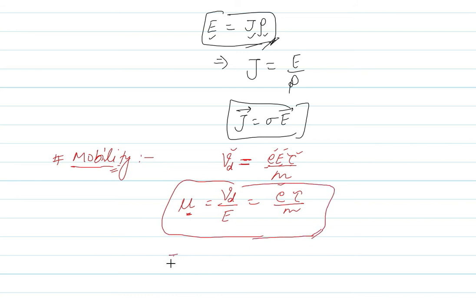And if you want to introduce current in terms of mobility, the expression for current is what? nEA Vd, right? And just introduce Vd as mu E. So you get nEA into mu into E, right?